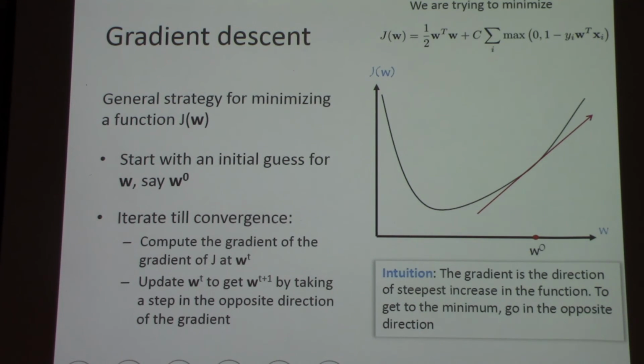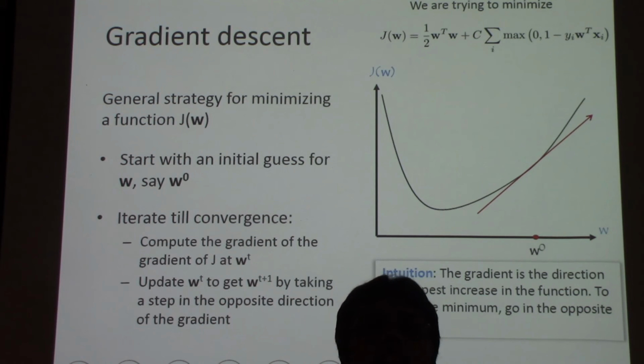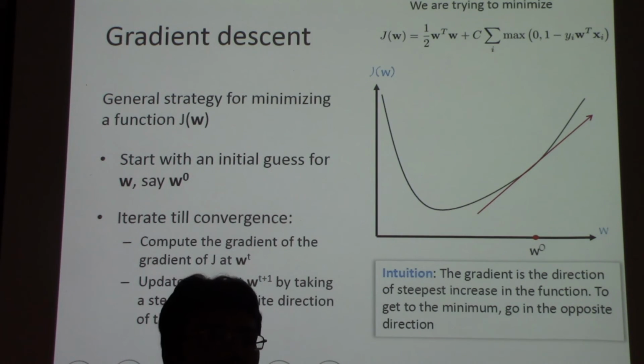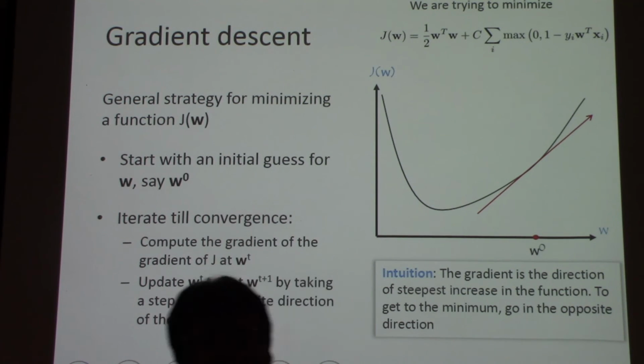The gradient is simply the direction. You take the first derivative, and that's the direction in which this function increases the fastest. Imagine climbing into a valley, and you want to get to the bottom. You are standing at a point, you look around, you find the direction in which this valley is going up the steepest.